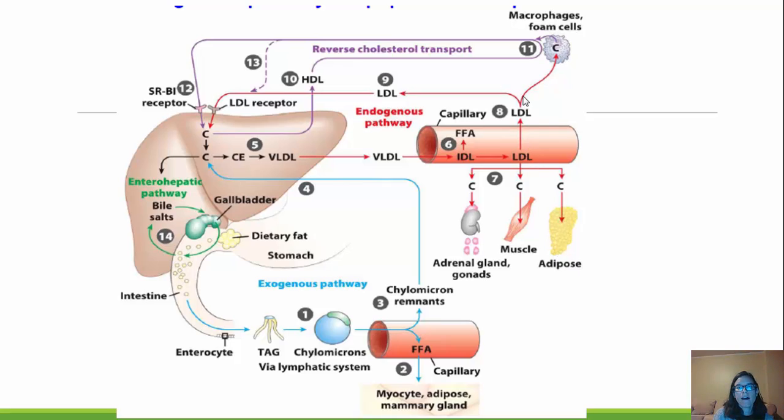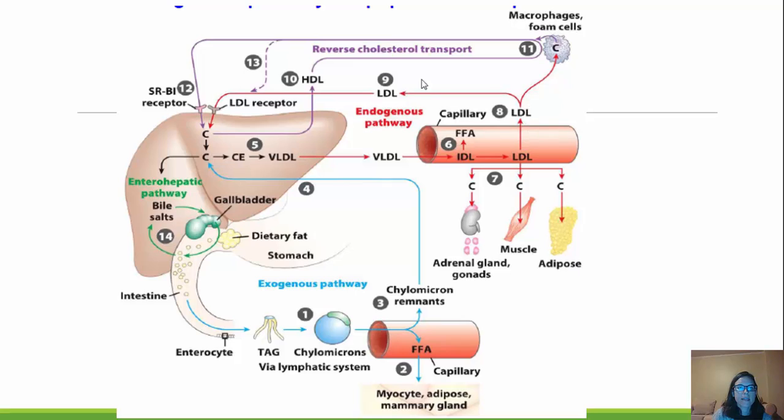Okay, the LDL: if we have all of this excess cholesterol, it's delivered to our foam cells, which we know are an important part in the synthesis of plaques, which lead to cardiovascular disease.